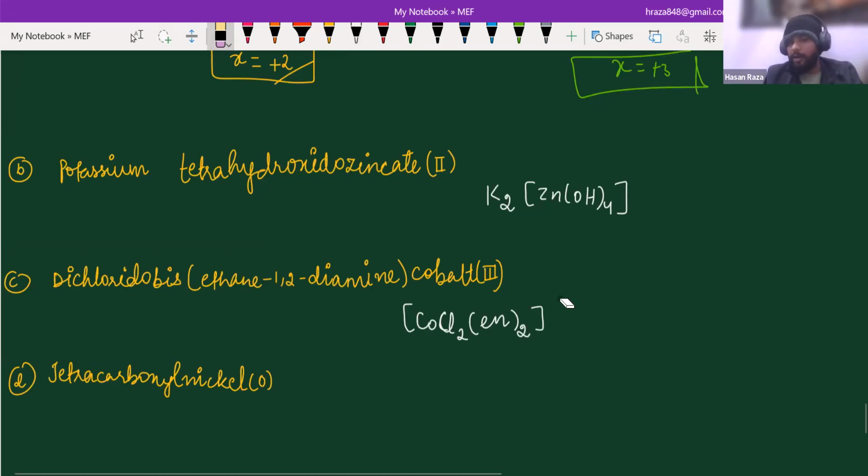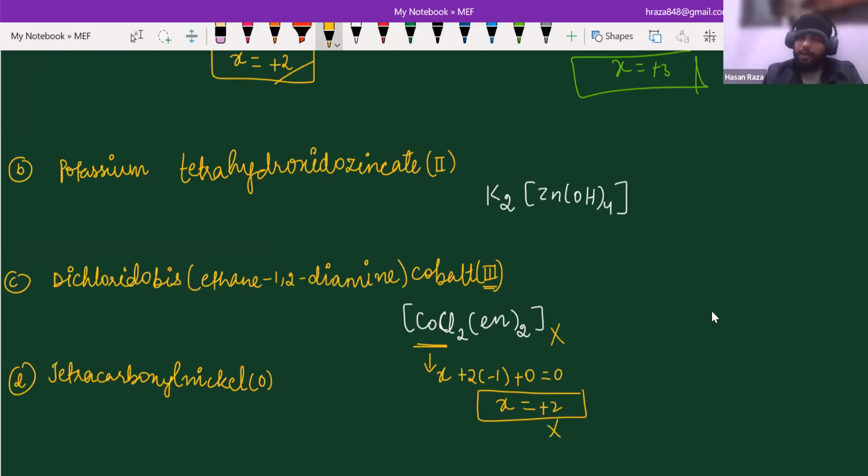Are you getting my point, Madiha and Aman? Yes, sir. So according to this, if you calculate the oxidation state, this will be x plus 2 into minus 1 plus 0 equal to 0. So x is equal to plus 2. But here the oxidation state is 3 and we are getting plus 2. That means it's wrong. So if you don't have any counter ion to increase or decrease, you just need to write a positive or negative sign according to your requirement, whatever the number.